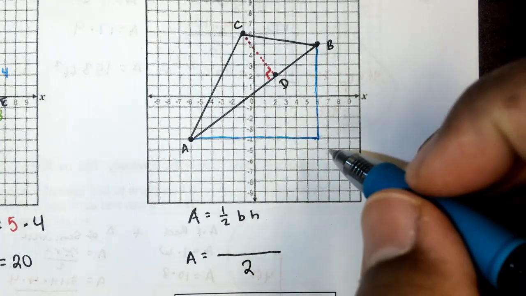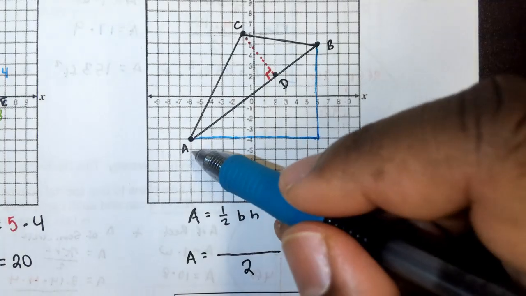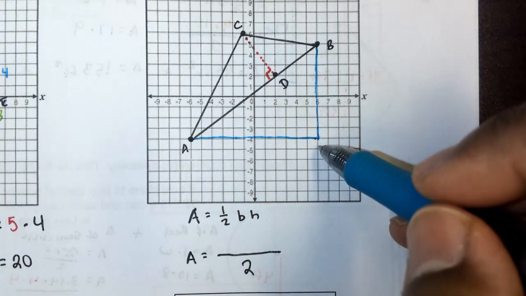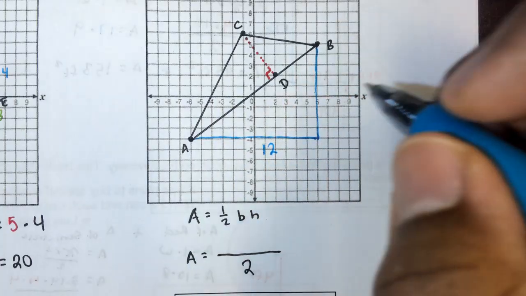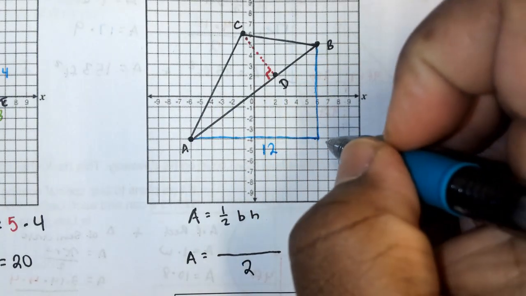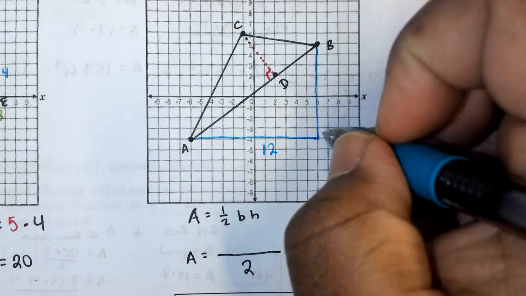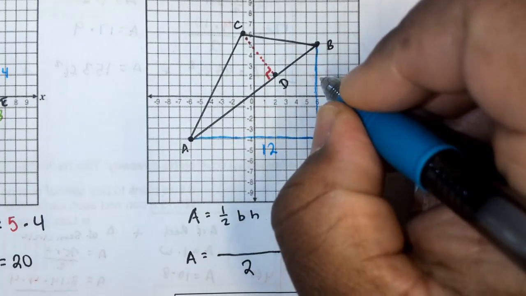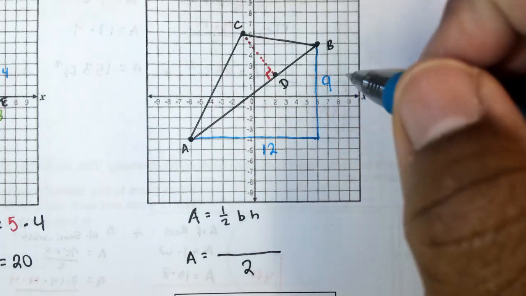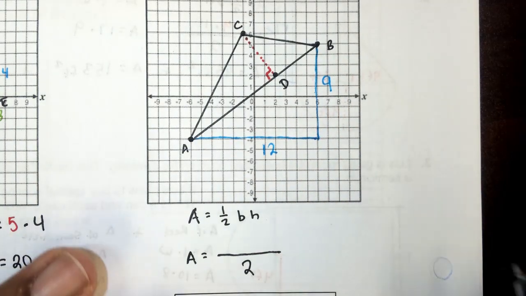AB. We can count it or we can cheat it. A starts at -6, goes over to 6, that's 12. Vertical here, it goes from -4 to +5. That's 9. So 9 and 12.